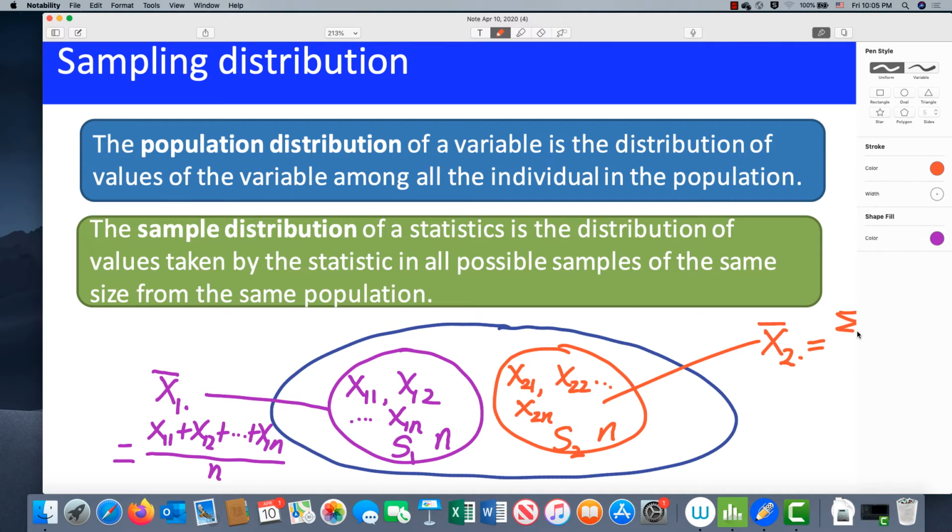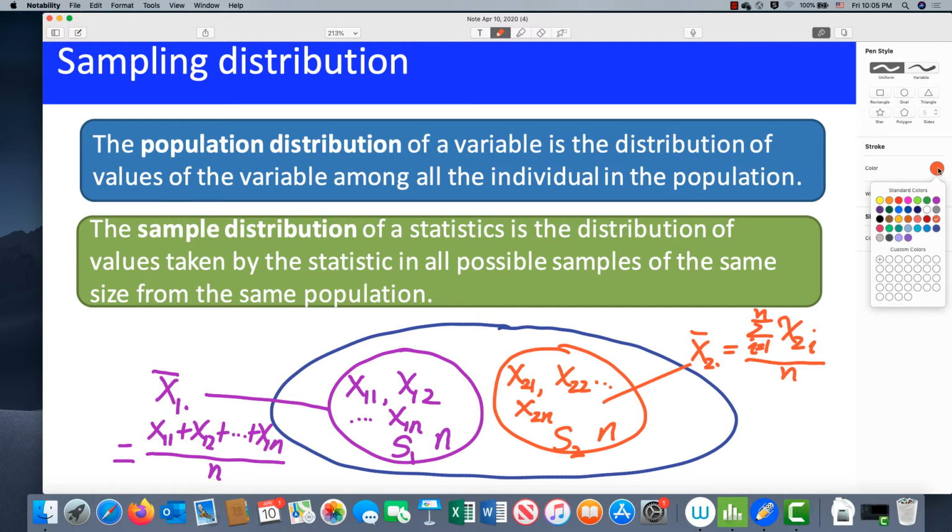We can write the summation, i equal to 1 to n, of x2i divided by n.